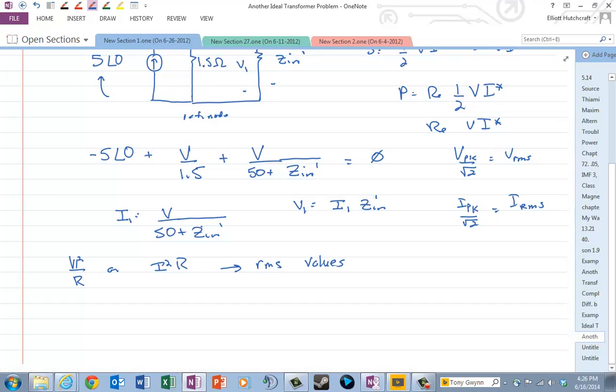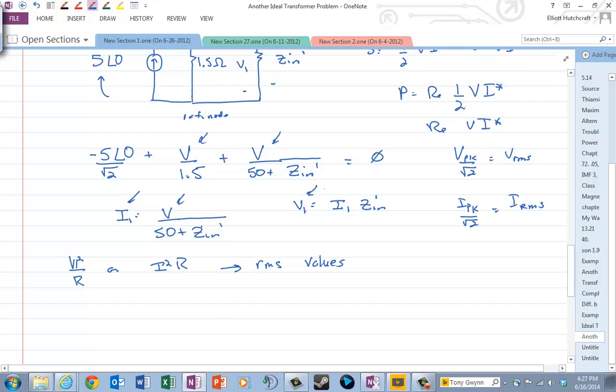Remember back in the lecture when we talked about that. So I think it's better to go ahead and convert to RMS, in which case I would come over here and all I have to do is divide that by square root of 2, and now all my voltages and currents that I find here will all be in RMS.